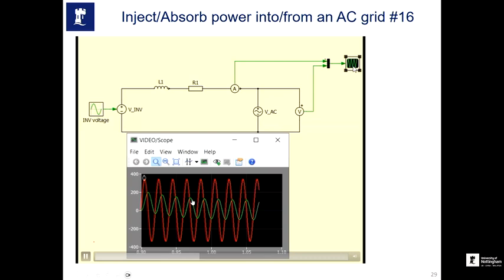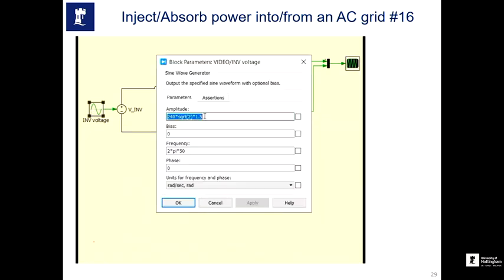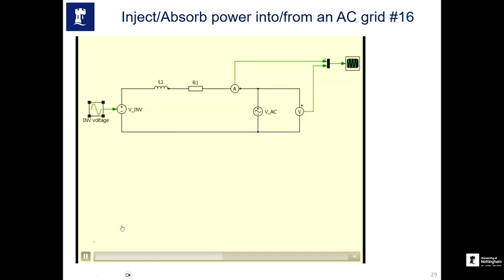That means there is no real power here. All the power is reactive power. It's like a pure inductive load, because we haven't changed the phase, we just changed the magnitude of V inverter.